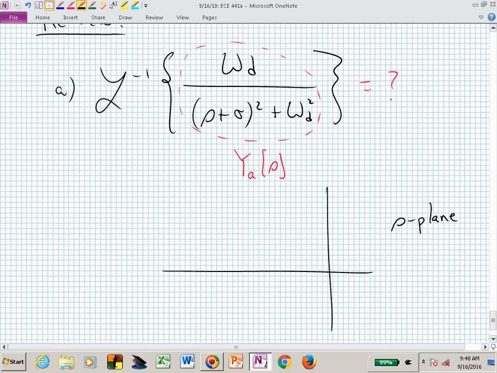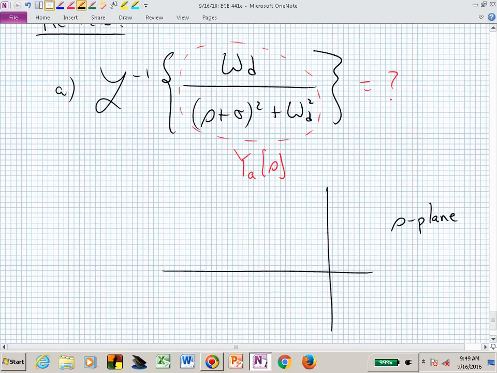Where do you put X's and where do you put O's? And do we have any finite zeros in this capital Y sub A of S? No, there's no finite values of S that cause that to equal 0.